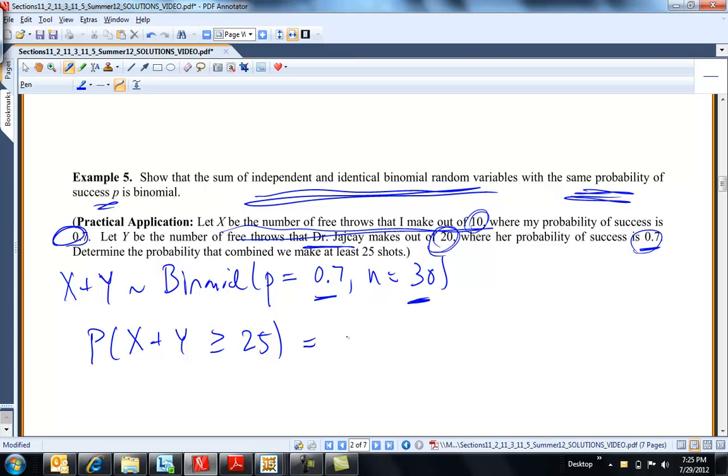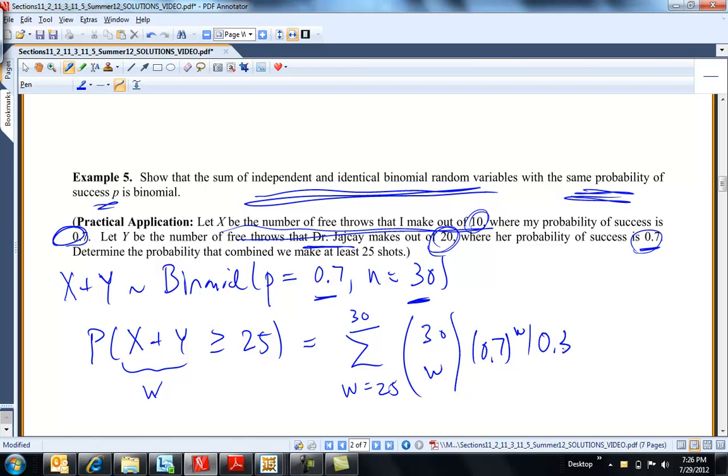So I'm just going to sum, let's call again this W, let's sum W from 25 to 30. This is 30 choose W, 0.7 to the W, 0.3 to the 30 minus W, and just sum that in Maple or something.